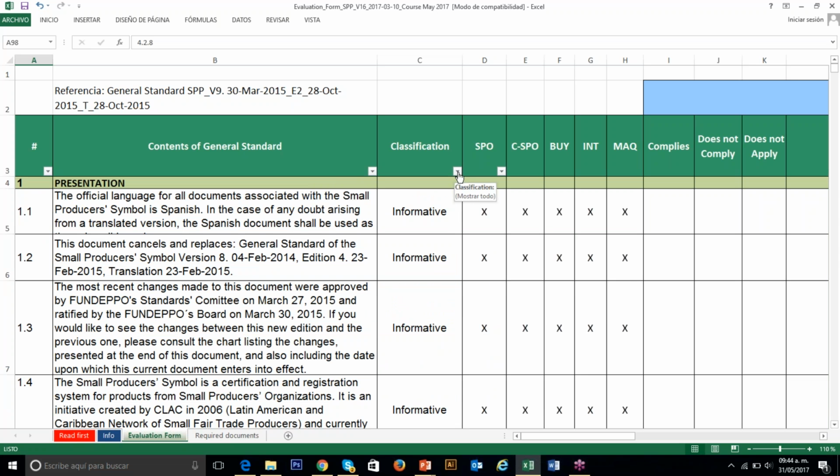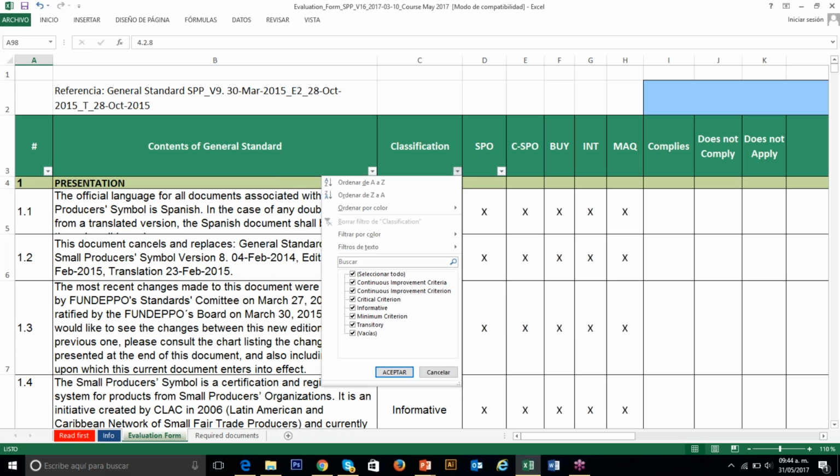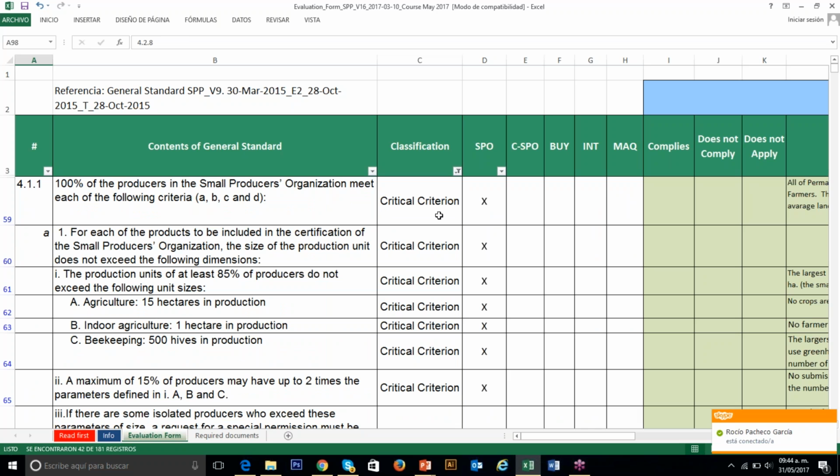But the informative criteria are not evaluated. Then you have to select the ones that you are going to review. In the document-based procedure, just the critical criteria are evaluated. That's why I have filtered these critical criteria.